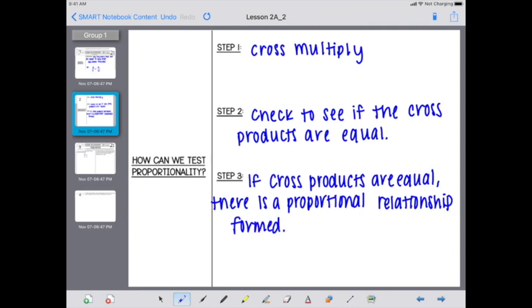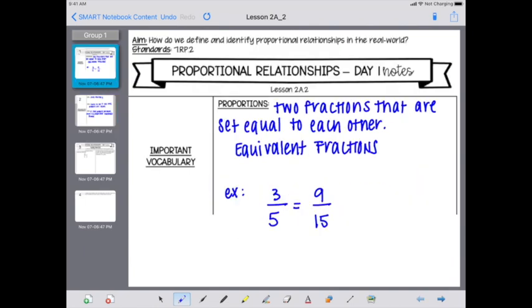Okay, so all fractions in a proportion should simplify to the same unit rate, also known as your constant of proportionality. What you'll be eventually learning would also be called the slope and also the k value. So let's go back to our example, 3/5 equals 9/15.